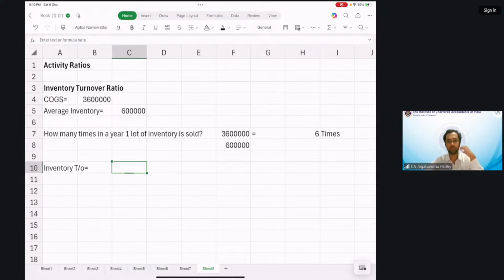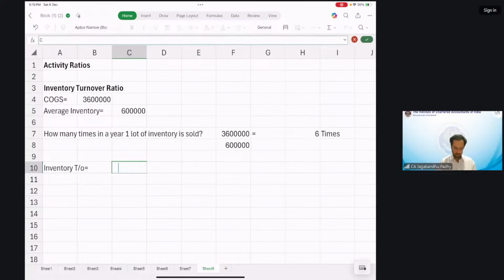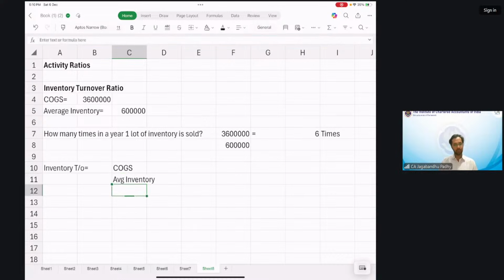Perfect. That's going to be cost of goods sold upon average inventory. Okay. So we are saying that in a year, we were selling these goods 6 times.